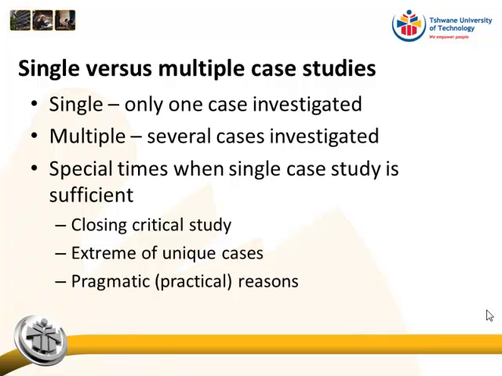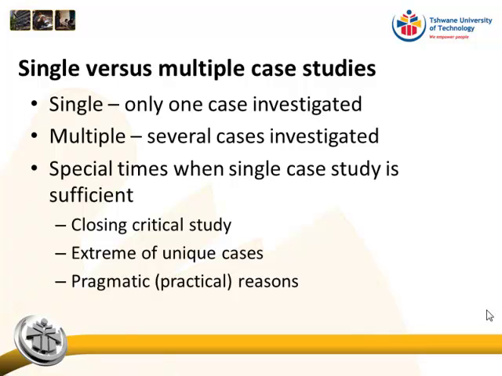That was the only project of that kind in the world at the time, all right? So if you wanted to look at the factors of the failure of that project, you can only look at that one project, okay, because that's the critical study. And that also would be an extreme or unique case, all right?